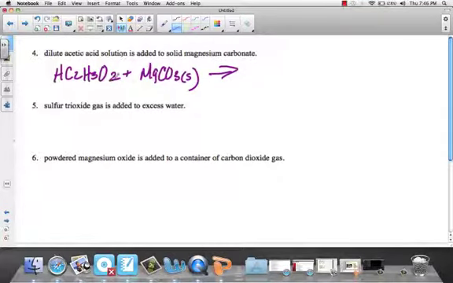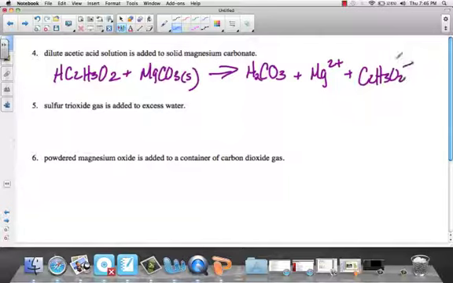But we will have some of the H hooking up with the carbonate, making some carbonic acid, H2CO3, plus Mg2 plus and C2H3O2 minus, the acetate ion.